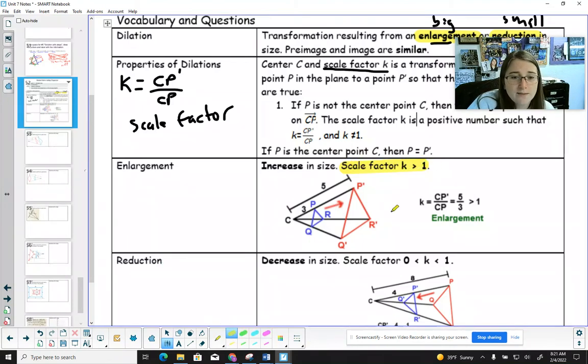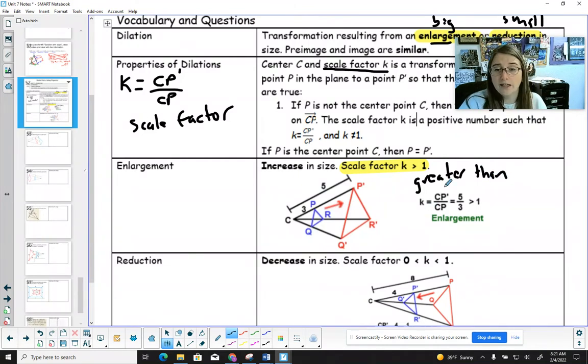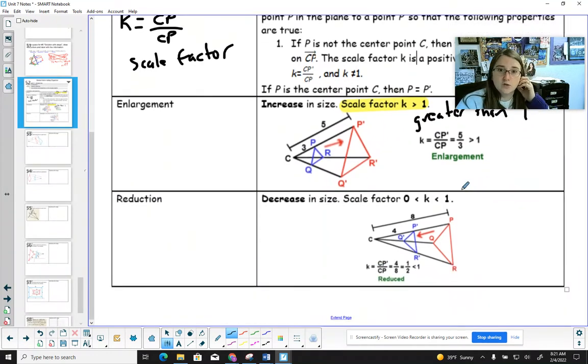When your scale factor is bigger than 1, again, that's what this means right here. This is greater than 1. That's an enlargement. Because I'm multiplying by something bigger than 1, I'm going to get bigger. Again, this would be like multiplying by 2, multiplying by 3. Those are all bigger than 1, and that's an enlargement.